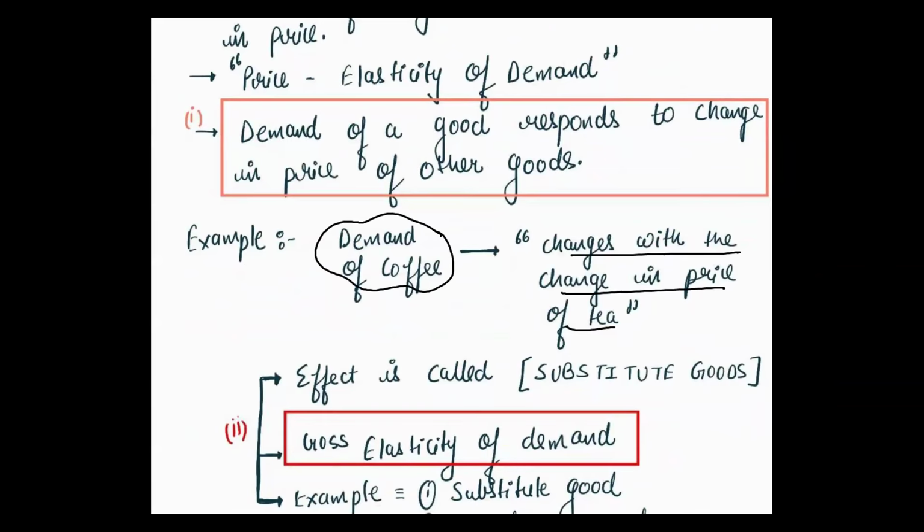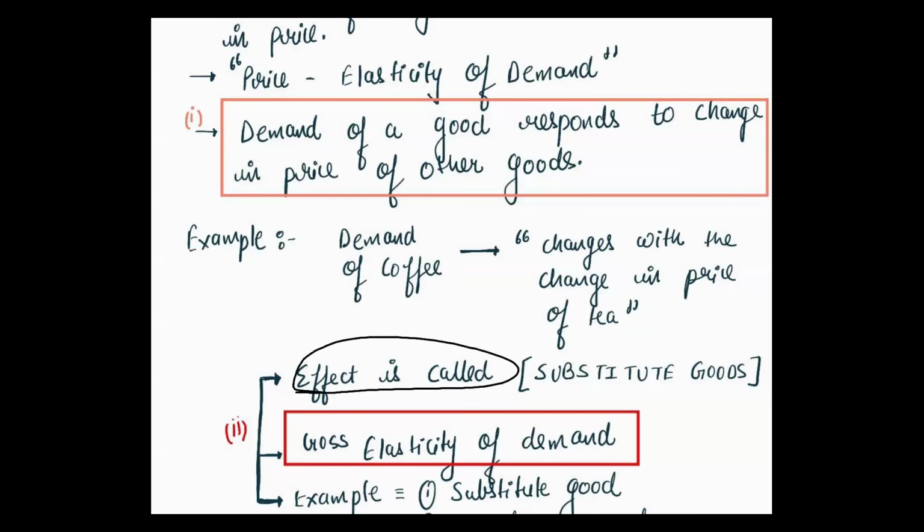Tea and coffee, think like that. This effect is called substitute goods. So whenever the price of other goods changes and the quantity demanded changes, it comes to the concept in elasticity.